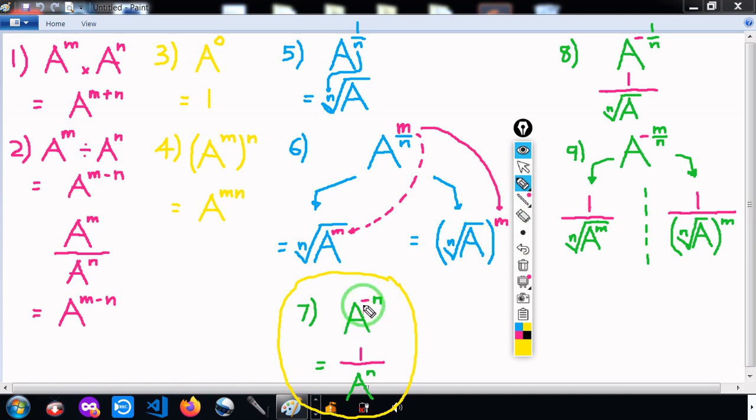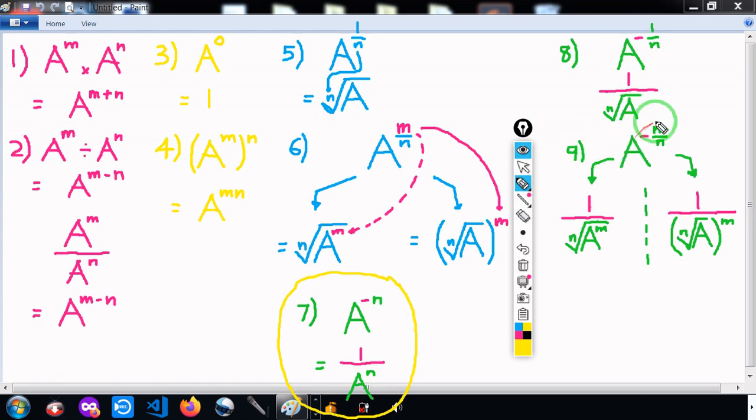A to the power of minus n is equal to 1 over a to the power of n. A to the power of minus 1 over n is equal to 1 over nth root of a.